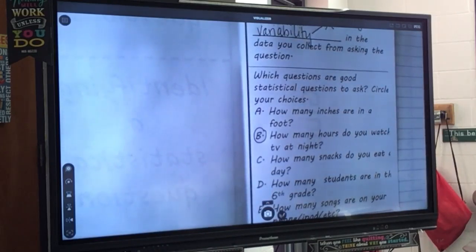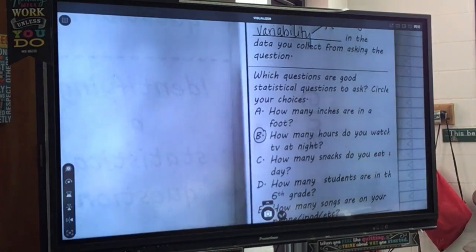Like 0 to 3, 1 to 5. 0 to 3? Okay. Leo? 1 to 3 hours. Okay. What if I asked how many hours do you watch TV on the weekend? Did that change a lot? Yes. Okay. So however much you do or you don't watch TV, you're going to get a couple different types of answers for this one.